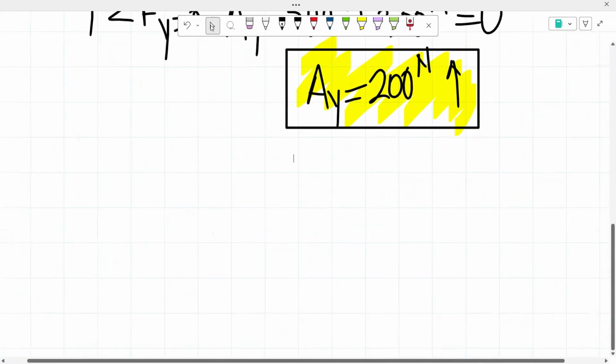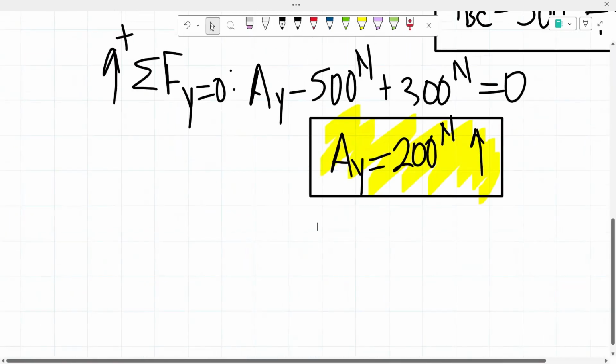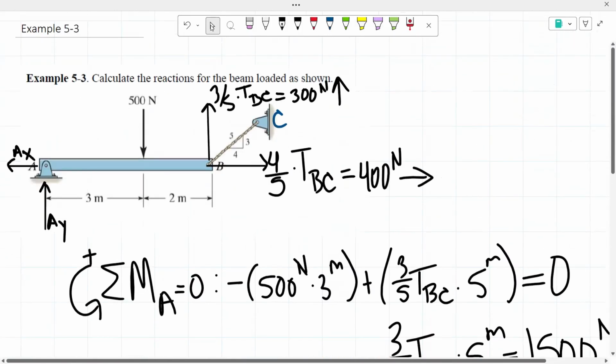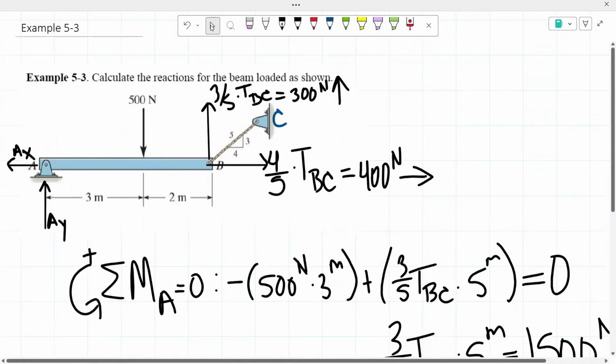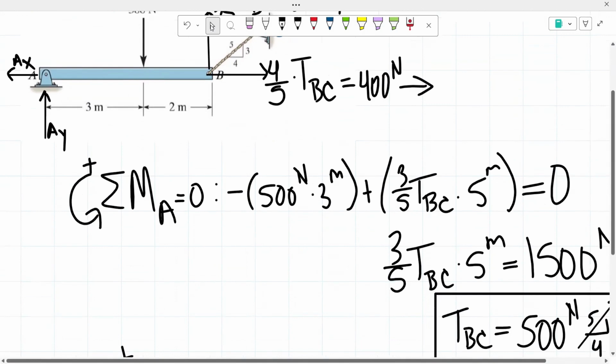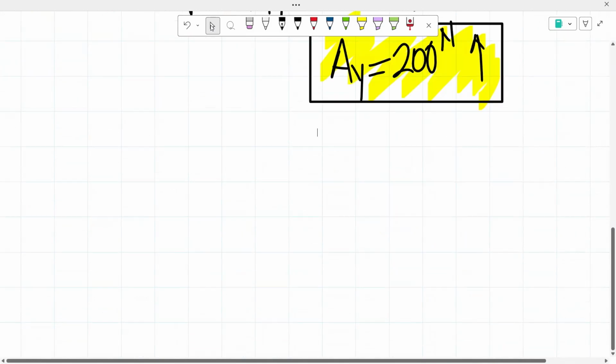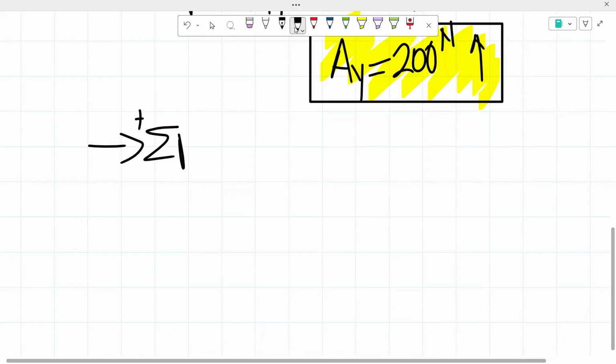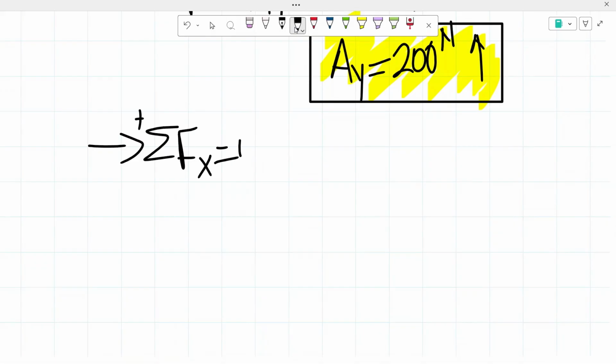And then from there, we now have to determine the value of our AX reaction. So to find the value for that, we're going to be taking the sum of our forces in the X direction. So sign convention, going to the right is positive. The sum of our forces in the X direction have to equal 0.